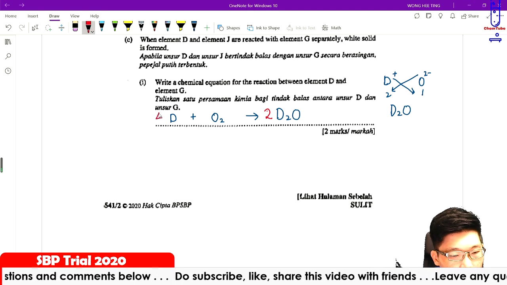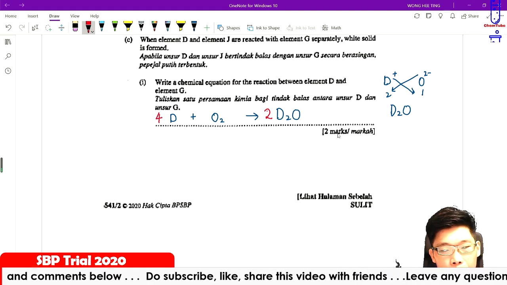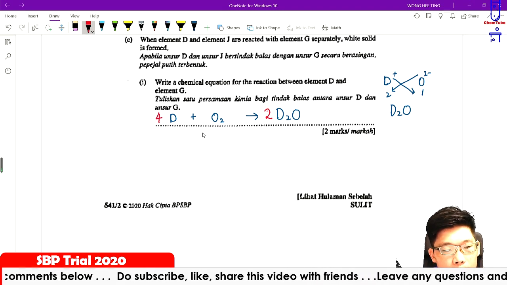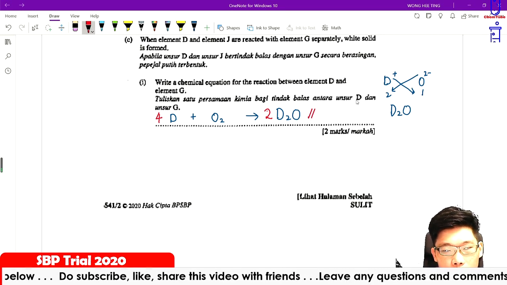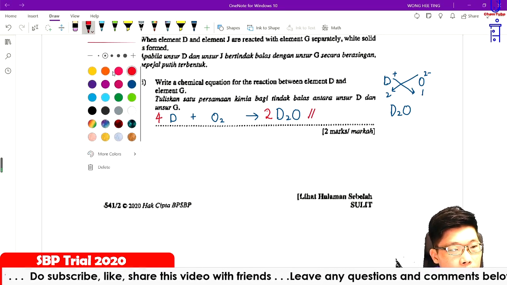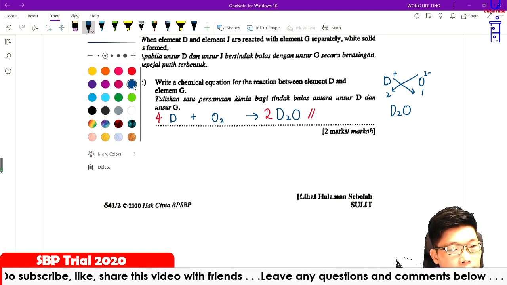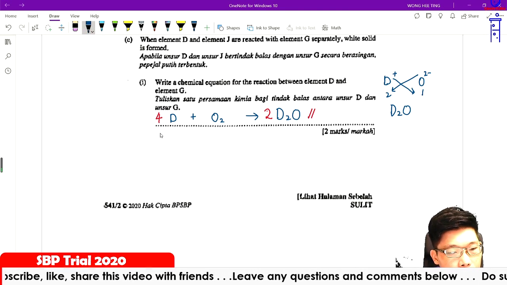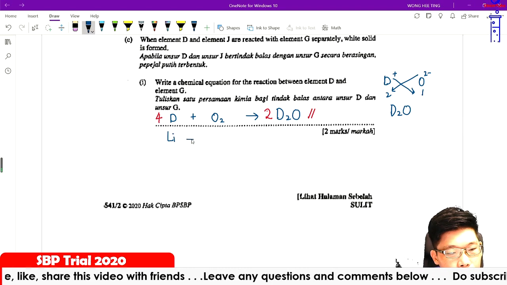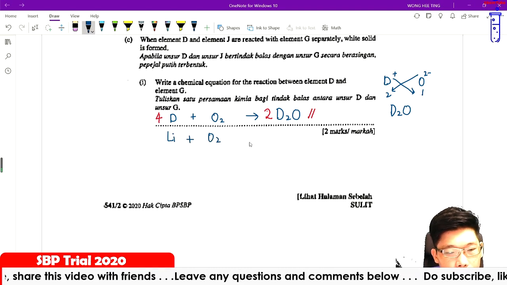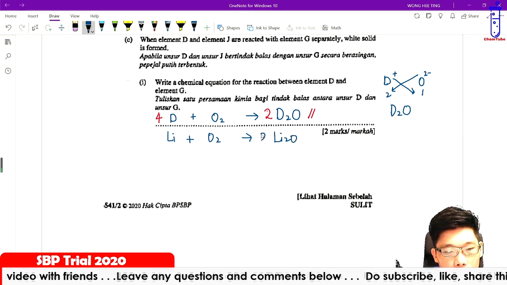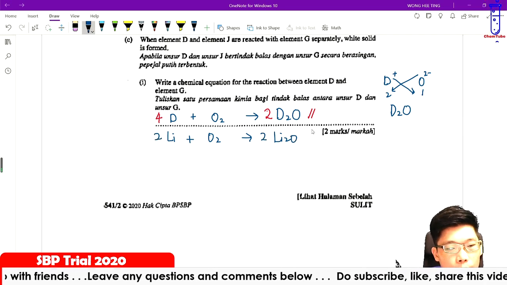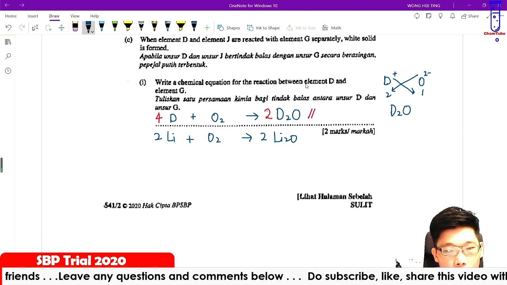Actually, you can also replace with lithium, but no need. Lithium is also accepted, producing lithium oxide. So 2, 2. Sorry, this one is 4.